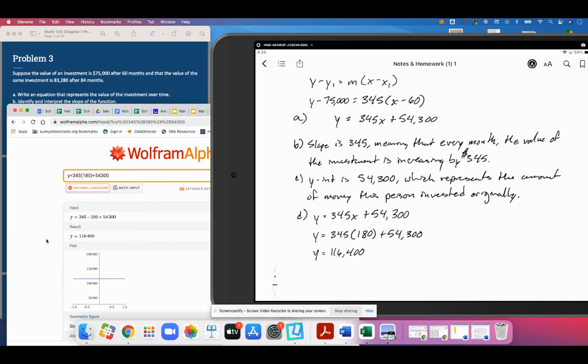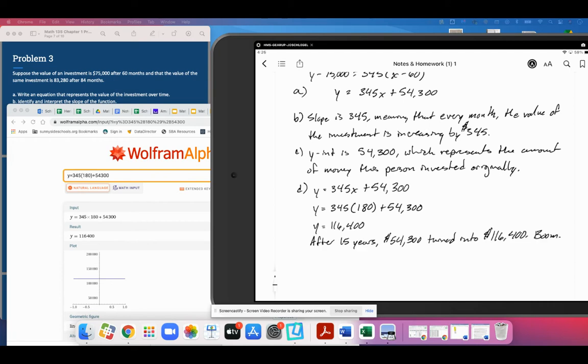So basically, this person more than doubled their money for doing nothing over a period of 15 years. I'm going to pause and write my statement, and I will be right back. So put simply, everyone, after 15 years, $54,300 turned into $116,400. Again, this person did nothing, just let the money sit in the investment, and that, to me, is a big-time boom.